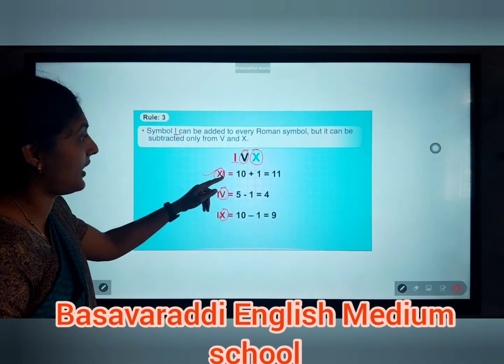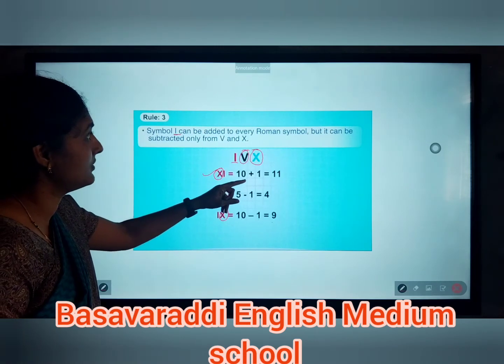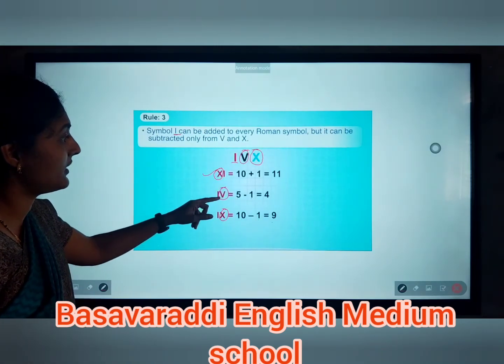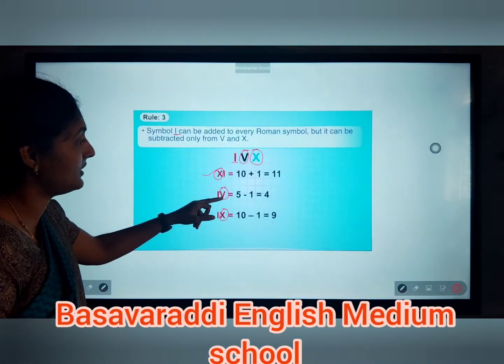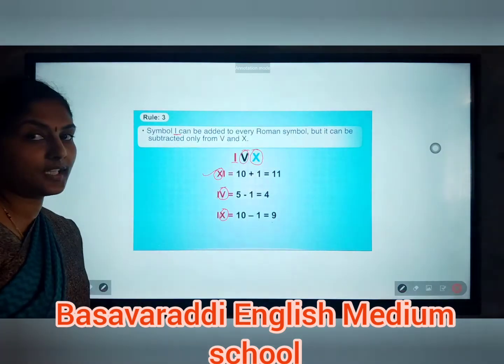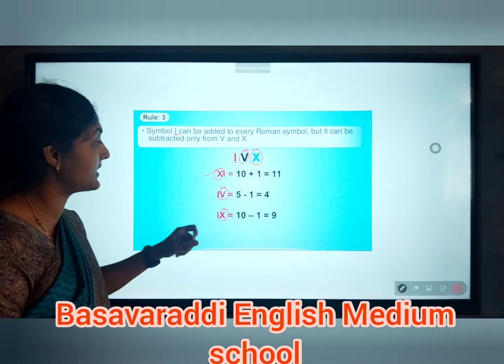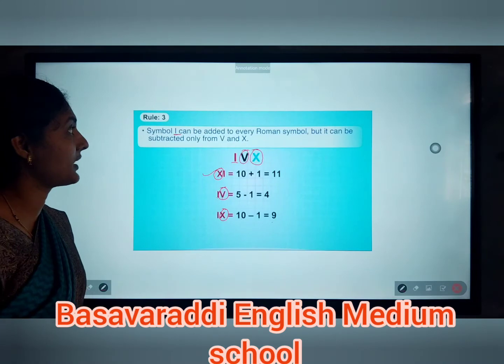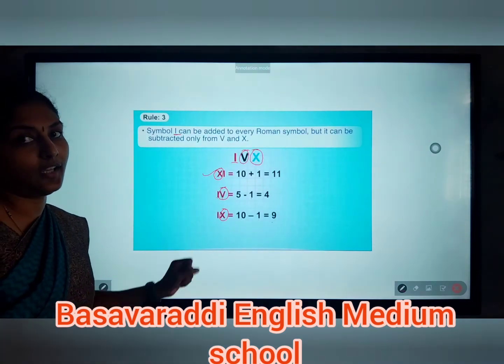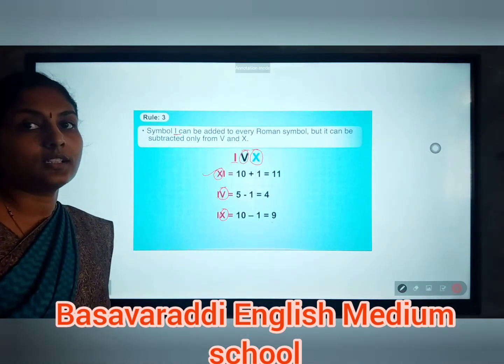The I is added to X, and the I is subtracted from V and X here. So in the second and third examples, the I is subtracted from V and X. So this is the third rule.